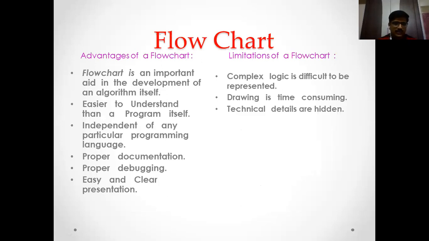The first one is that the flowchart is an important aid in developing the algorithm itself. An algorithm is textual, and here we are converting it into a pictorial representation. It is easier to understand than a program itself, because a program is completely in the syntactical format of a particular programming language.